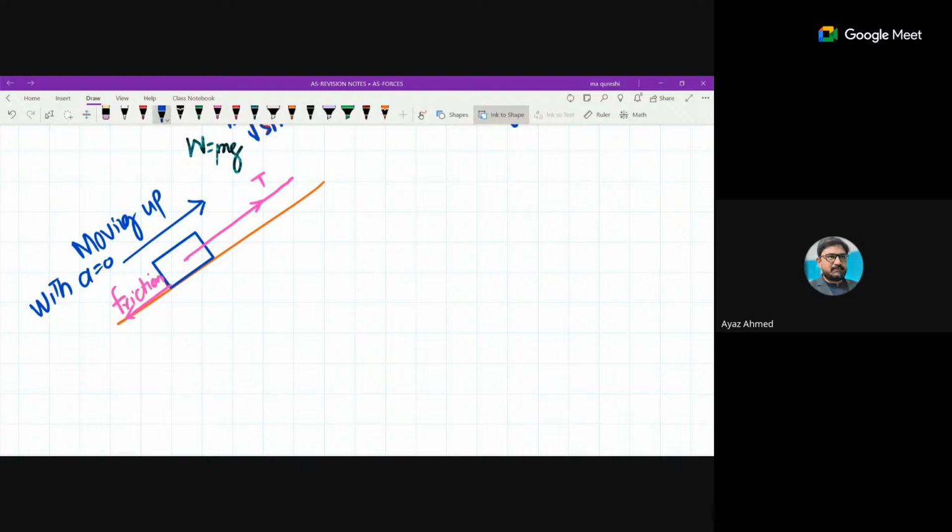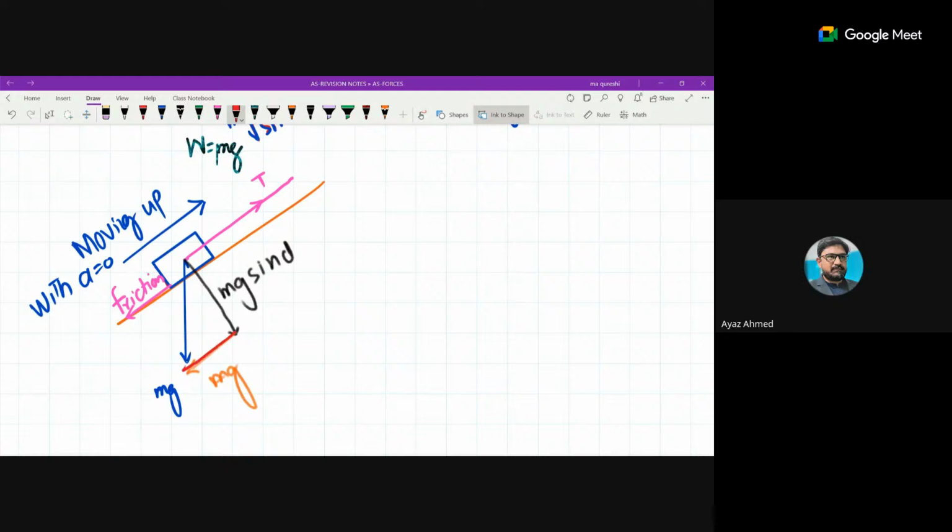Weight will be downward, it will be mg, and I'm going to resolve the weight into its components. One is mg sine theta, and what about this one? Sorry, the upper one is mg cos theta. This one is mg sine theta.